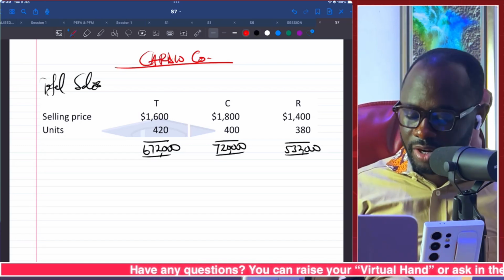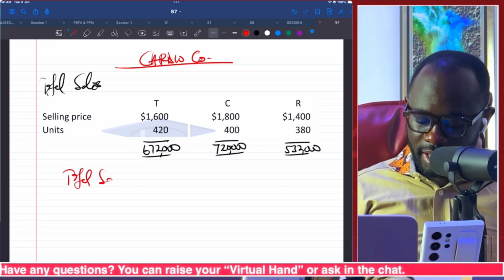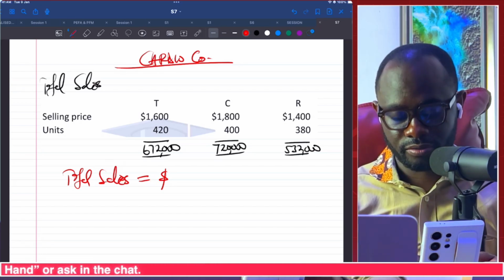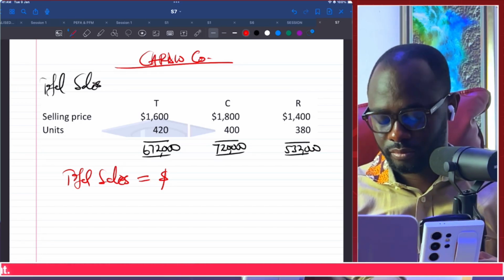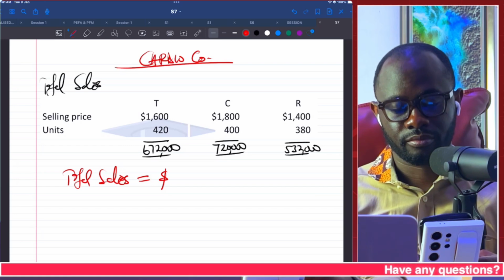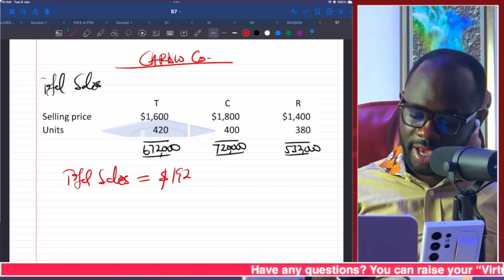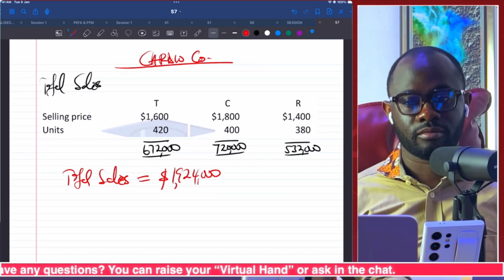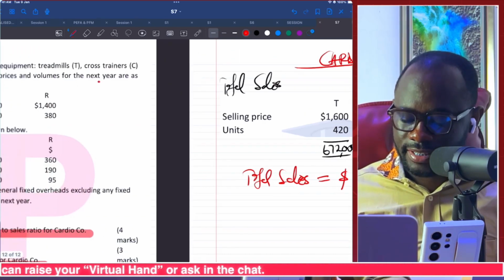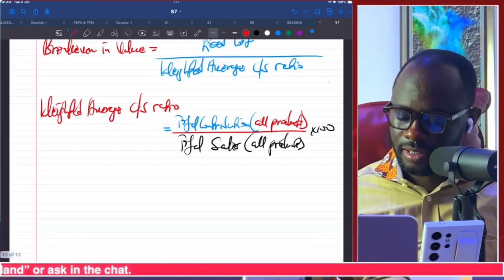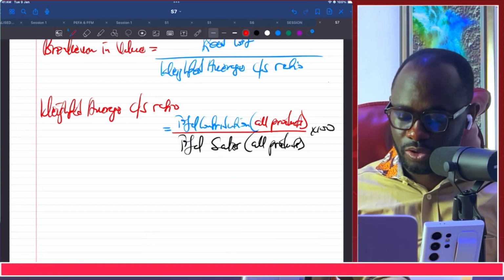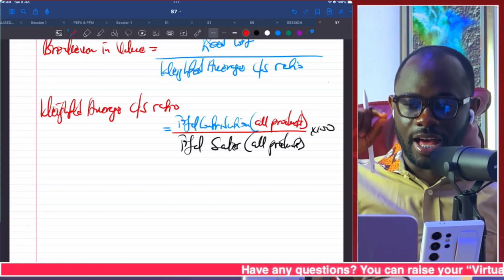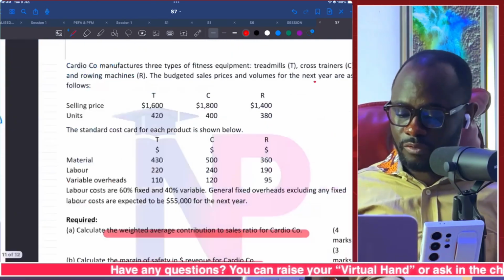So we add the 3 up, and that gives us the total sales for the 3 products, and that is 192,400. Now, that total sales is the denominator, because it is total sales from all the products. Now we need the numerator, total contribution from all the products.